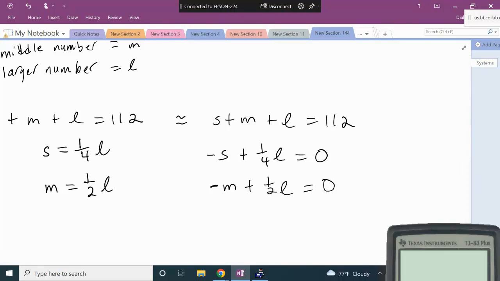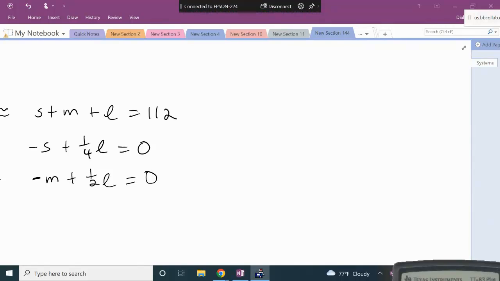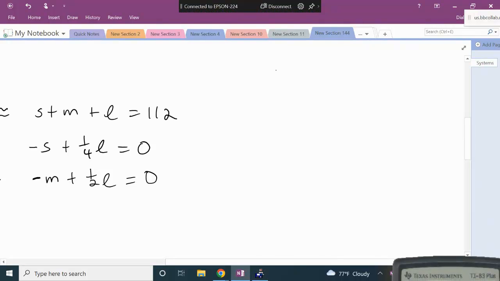The key thing here is you want to make sure that all of your variables are on the same side of the equation. So now once we've got all our variables on the same side, we're going to convert this to a 3x4 matrix.